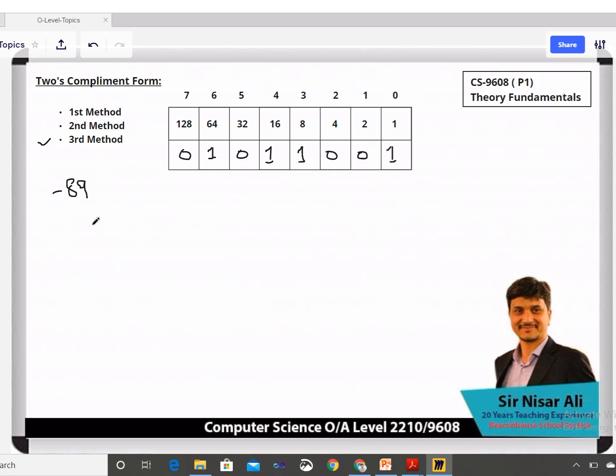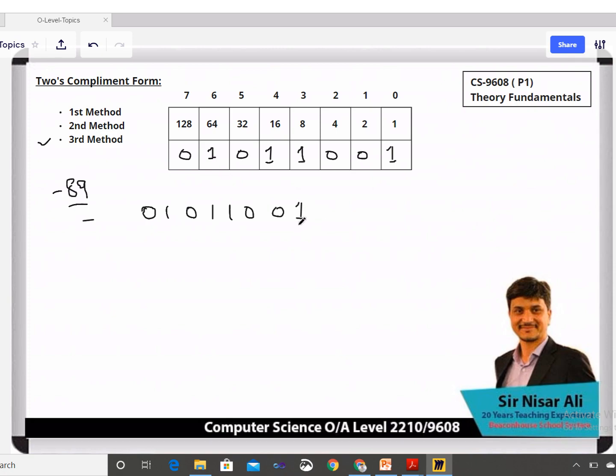So what we do here is first convert it into a binary number, and that is 0 1 0 1 1 0 0 1. This is the representation of 89 in binary. Now this direct method says that you have to first locate the first 1 from the right side.